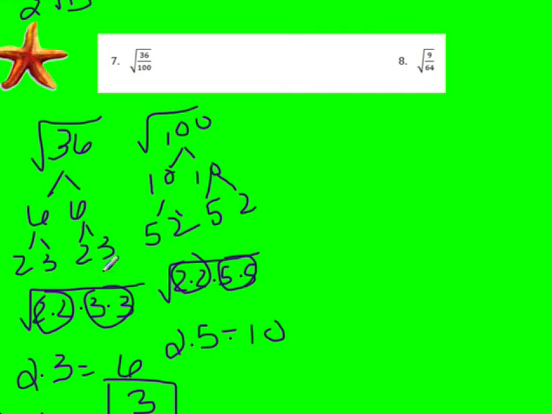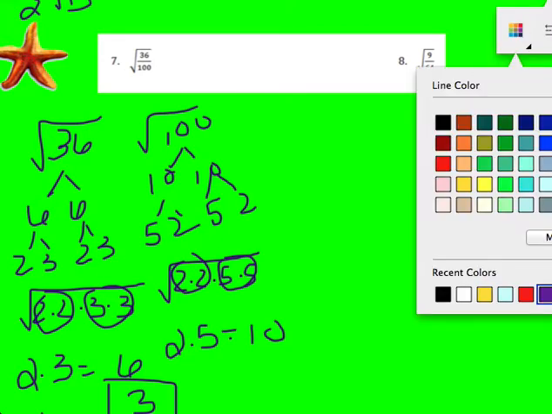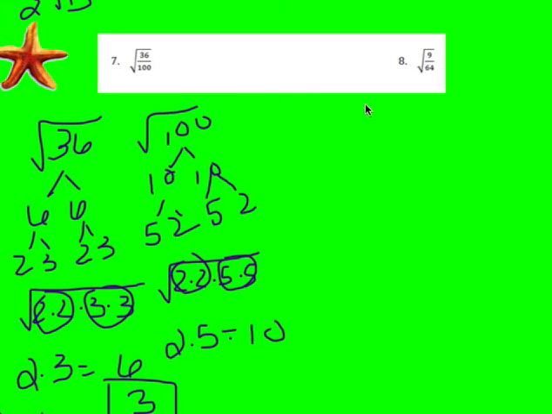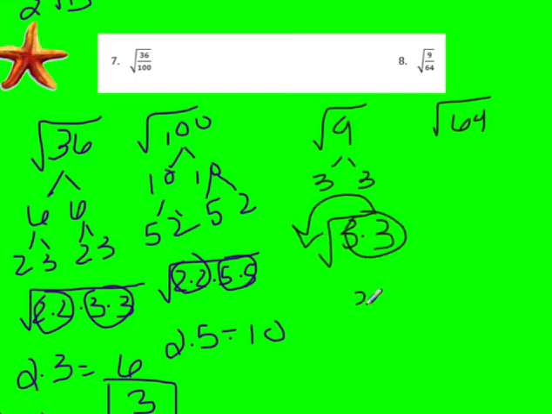Let's take a look at number 8. Now for number 8, we haven't done 9 or 64 yet. So what I'm going to do first is the square root of 9 and the square root of 64. For 9, I can split that into 3 and 3, so I know I'm going to have pairs when I write it underneath the radical. When I take it out of the radical, I'm just going to write it as 3. 64 I can break down to 8 and 8, and then break it down to 4 and 2 and 4 and 2. And the 4's are going to break down to 2 and 2.